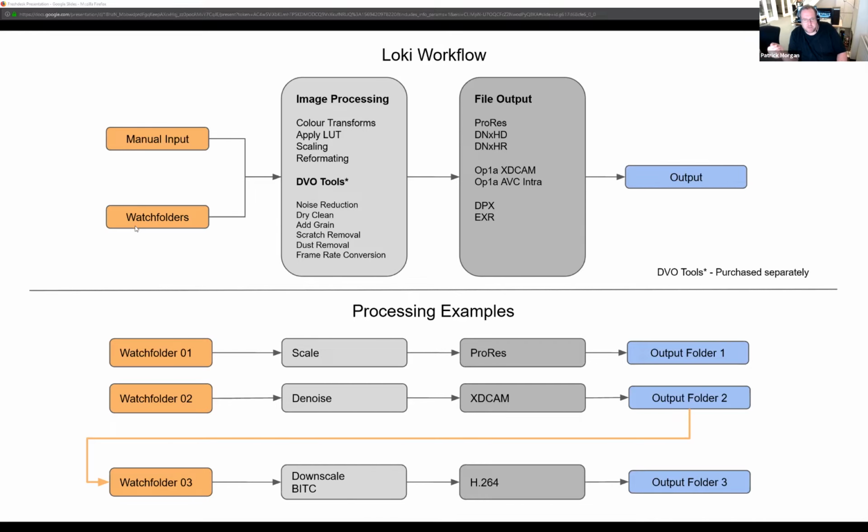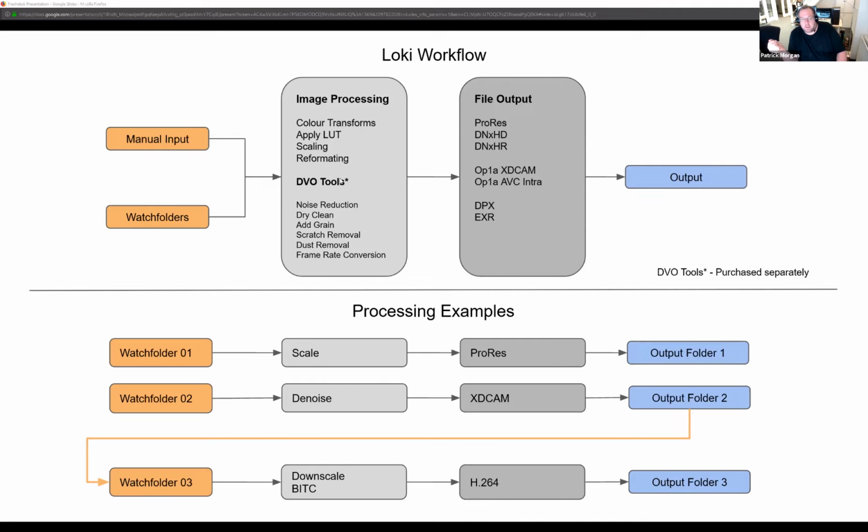and then processing is done based on that. The type of processing we can do inside Loki includes color transforms, applying LUTs, scaling, reformatting images, pretty much anything that we can do inside Nucoda, actually. We can also use presets from Nucoda.